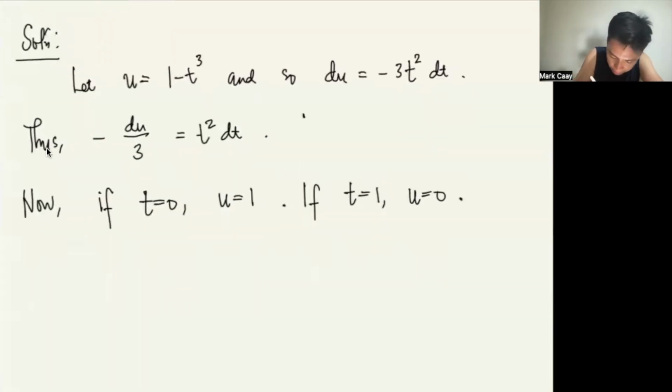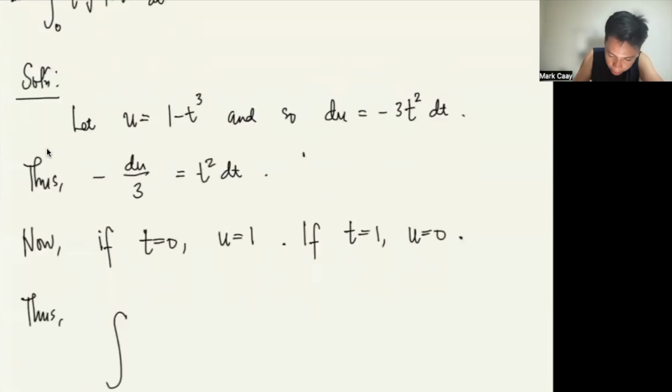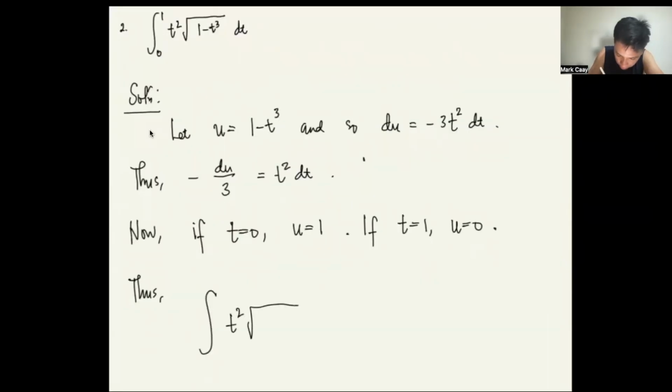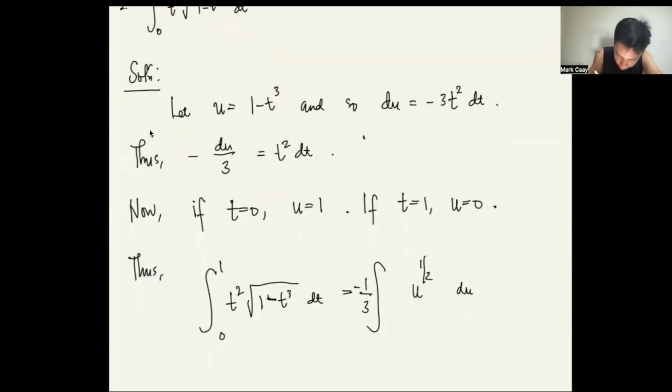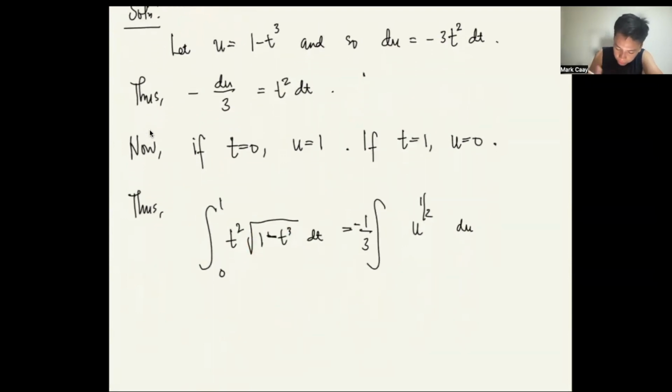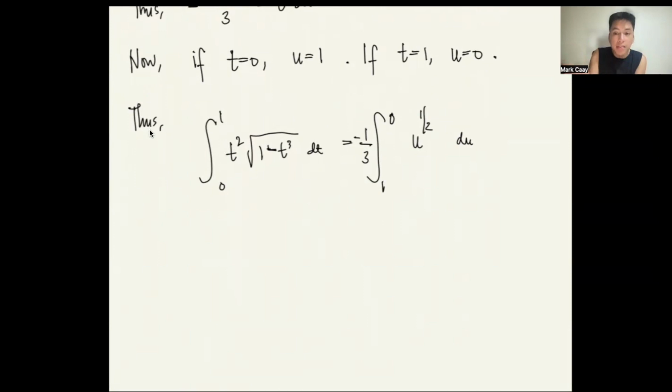So this is what it turns out to be. The integral of t squared square root of 1 minus t cubed dt from 0 to 1 can be replaced as the integral of, we know that t squared dt is negative du over 3. So here is the negative 1/3, this is the du, and the u here is u to the 1/2, because this is the u. So square root of u, or u to the 1/2. And so your interval will now be 1 to 0. Okay, so we have no problem there.